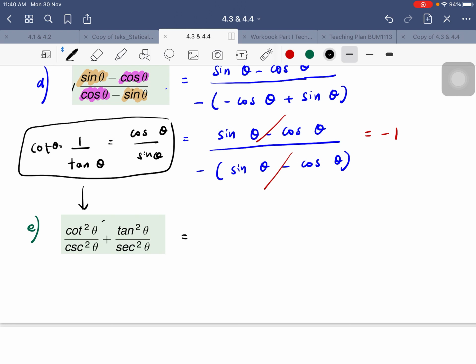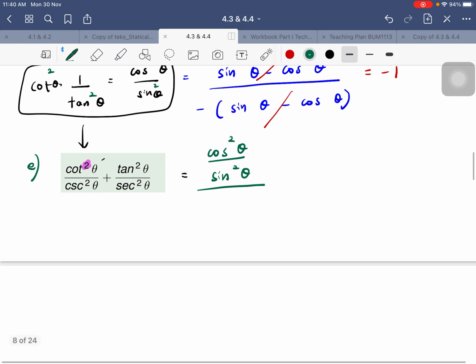Because of the square right here, everything is going to be in terms of square. At the top it is squared, and at the bottom it is also squared. So therefore, I'll end up with cos square theta over sine square theta, over cosecant square theta, and we know that cosecant is 1 over sine.